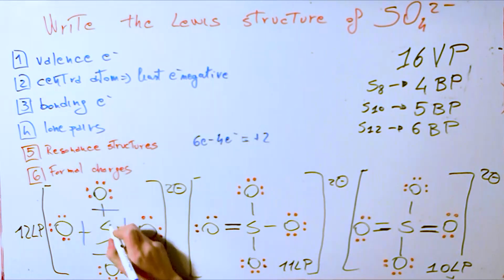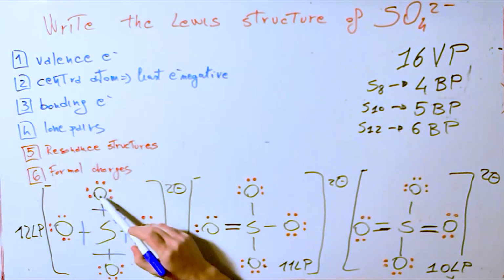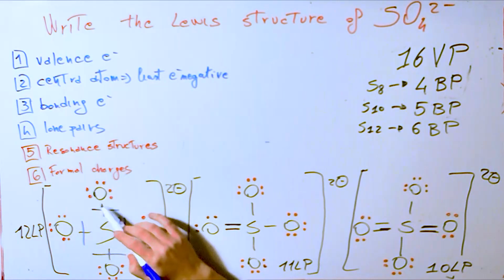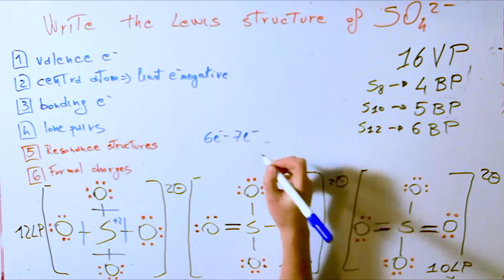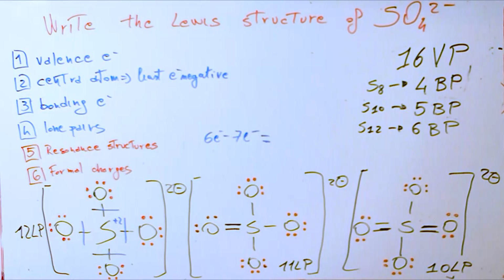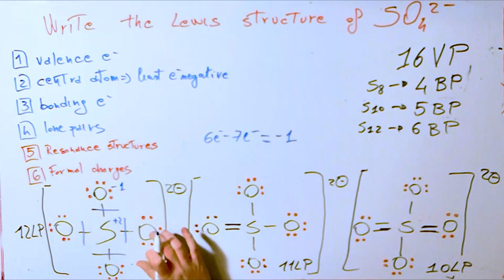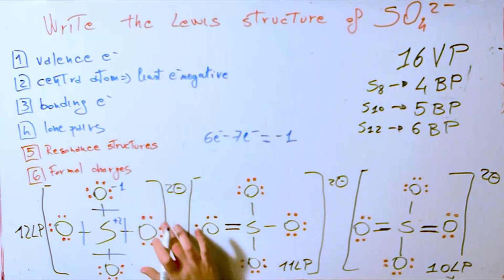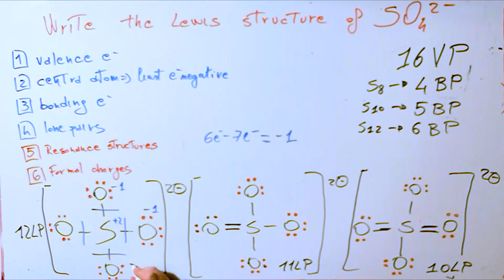This is its formal charge, so let's write it here. Let's repeat the same for oxygen. This oxygen has 7 electrons around it, but the valence electrons of oxygen is 6, so 6 minus 7 is -1. These are equivalent oxygens because all of them have 3 lone pairs and 1 bonding pair, so they will have the same charge.